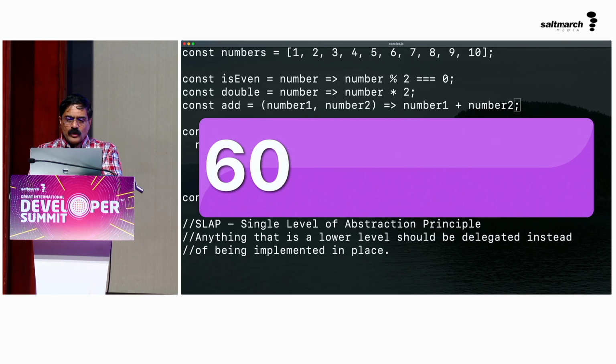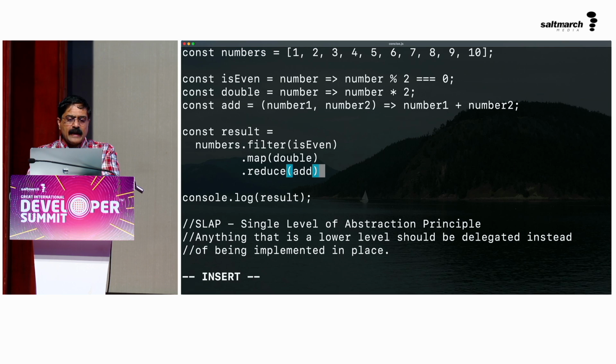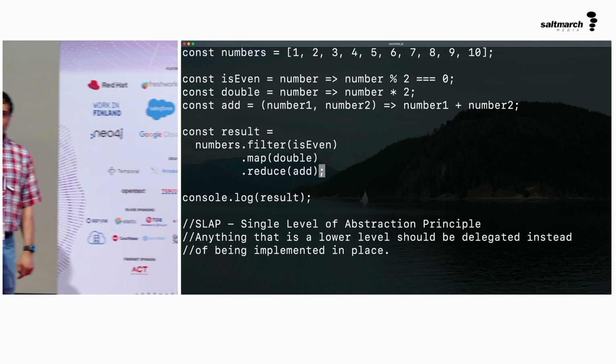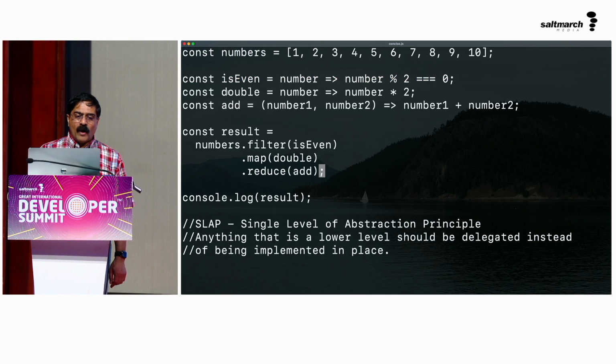So now that we wrote those functions, I'm going to go back here and say, hey, here is a filter, and in the filter function, I'm going to simply say isEven. Then here is the map, I say double, and here is a reduce, I say add, and I'm going to run the code. Now notice the benefit of this code. When you come in, you can read these names and it tells you what it is doing.